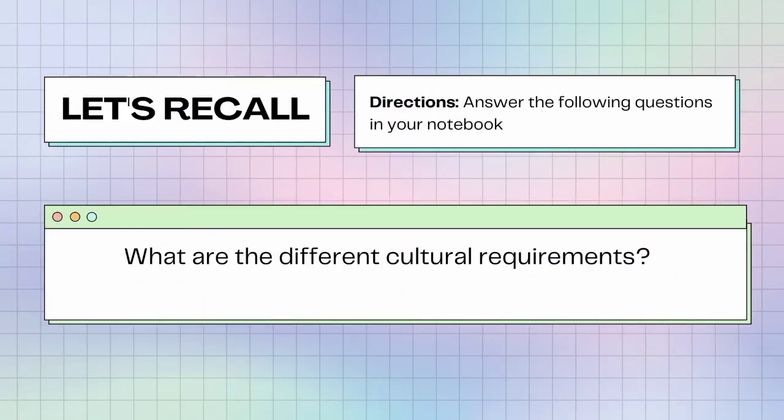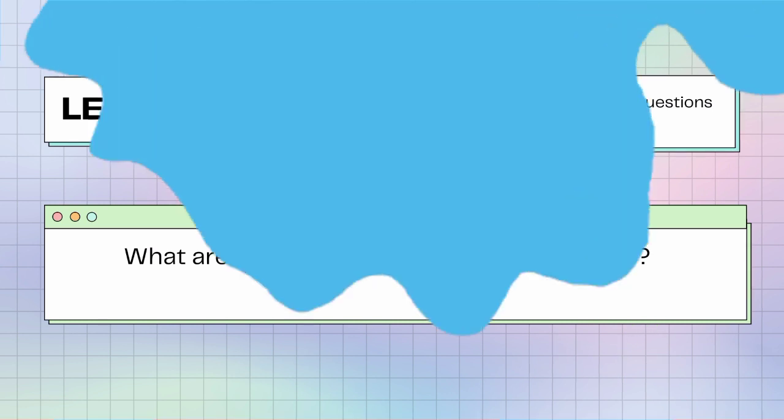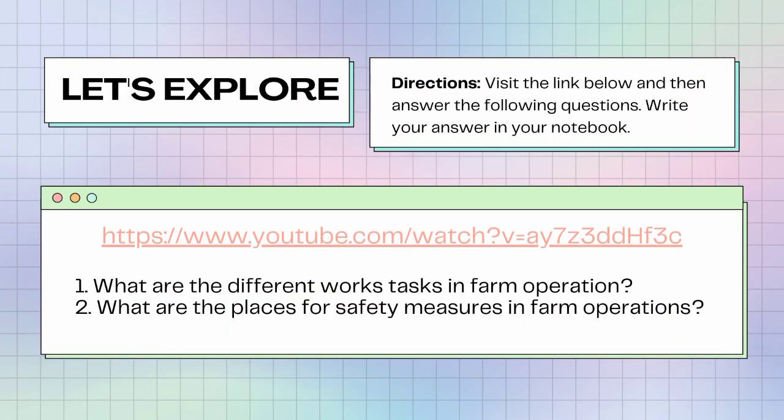Activity again: what are the different cultural requirements? Activity before the lesson: visit the link below, then answer the following questions. Write your answer in your notebook.